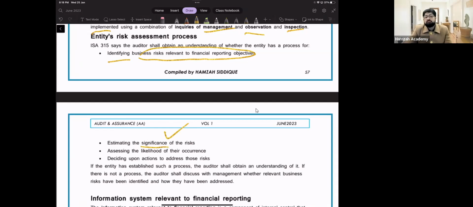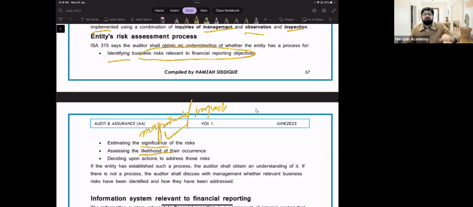Severity. In other words, magnitude, impact. The company has a process to identify that. Third, assess the likelihood, the probability of occurrence. Okay, if the risk occurs, the impact will be huge on the financial statements.